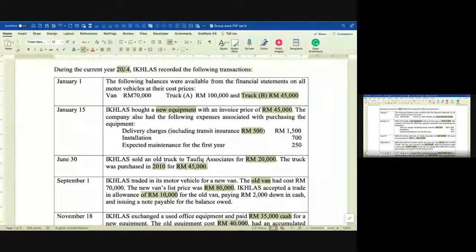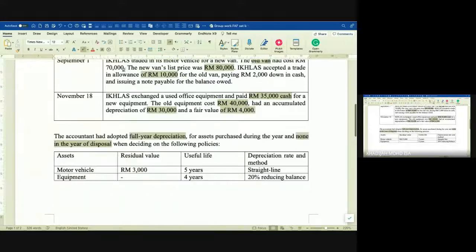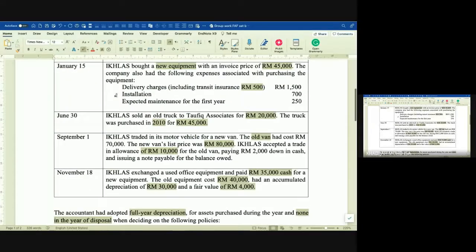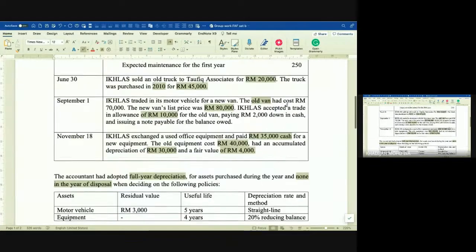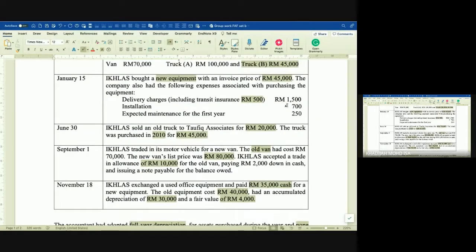So how are you going to compute that depreciation? For this one, it is an old truck, motor vehicle, residual value is 3,000, useful life is 5,000, using a straight line basis. Can you compute the depreciation per year?